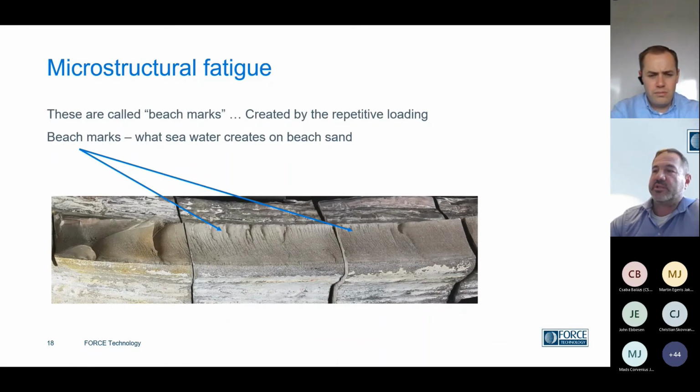It's pretty difficult, because there are so many things happening there. The normal method that we use is we look at the size of the feature. If it's around 1 millimeter, then we make a strong assumption that that is crack initiation. If it's less than 0.5 millimeter, then it's crack propagation. So that's how we tell the difference.